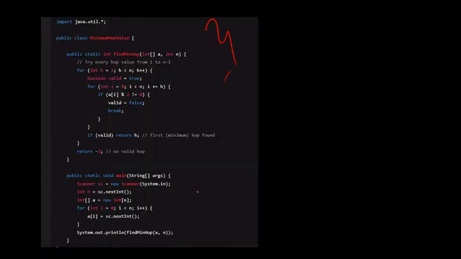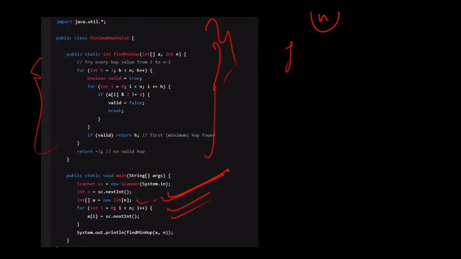First we will take our input, the array input. So n elements we have taken in the array, and we will pass this to the function. Let's start with hop value 1. We start our for loop with h equal to 1, and we will be increasing the hop value one by one.